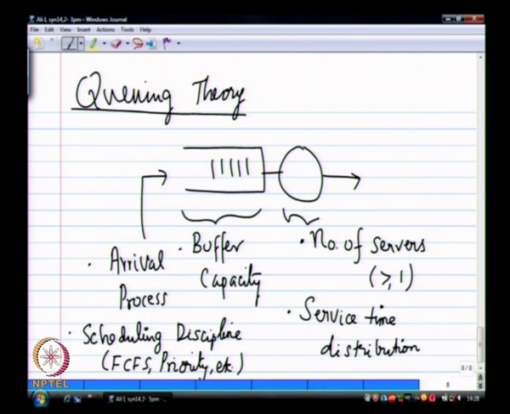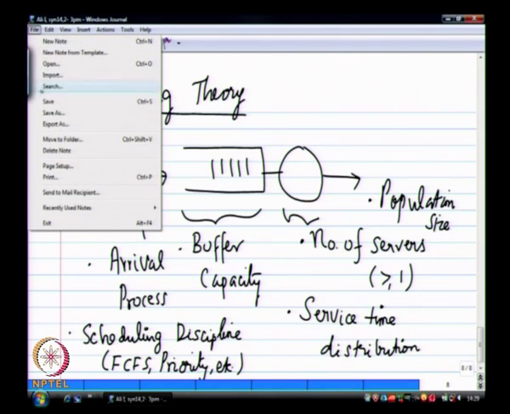My notes do not seem to have it. Okay, besides that, there is also a notion of population size. We will see how that is going to make sense. When we get to this population size, we will see how it is different from the capacity of the system itself.